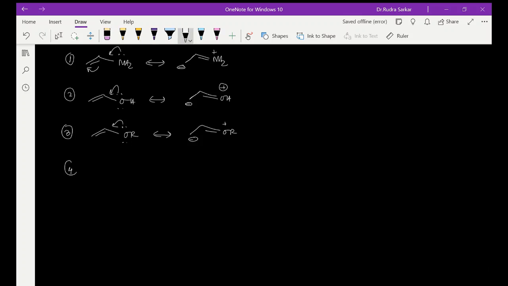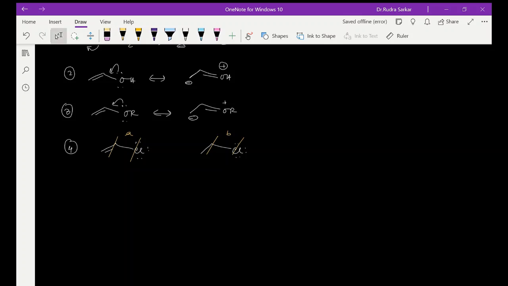An interesting question that sometimes comes: suppose you have been given vinyl chloride and a simple ethyl chloride, and you are asked which of these bonds, say this is A and this is B, are shorter.